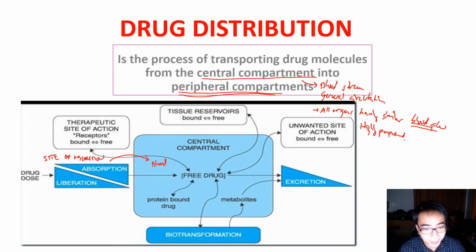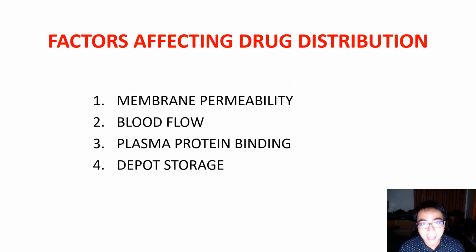Now, we talk about distribution when the drug is already in the bloodstream and it's transferring to different organ systems, such as organs for excretion, such as the kidneys, and organs for metabolic pathways, specifically the liver. That process, class, of transferring drug from the central compartment, or the bloodstream, into the different compartments is known as distribution.